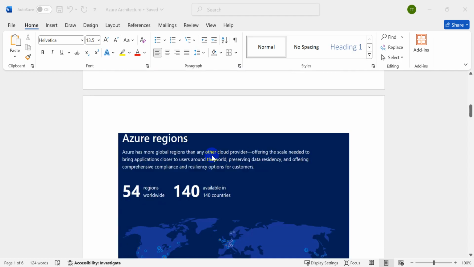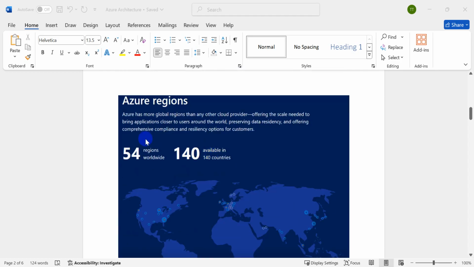Here Azure has more global regions than any other cloud provider, more than 54 regions worldwide, in different places and different countries. Within the countries, multiple locations, they have 54 regions worldwide defined.